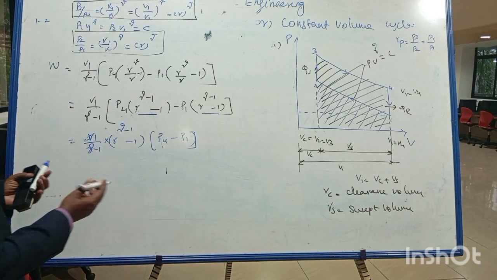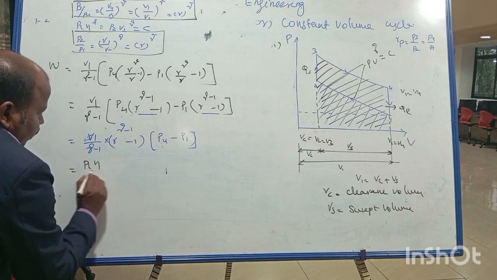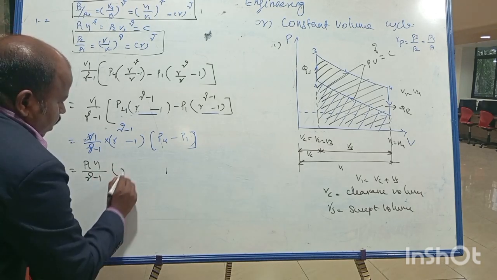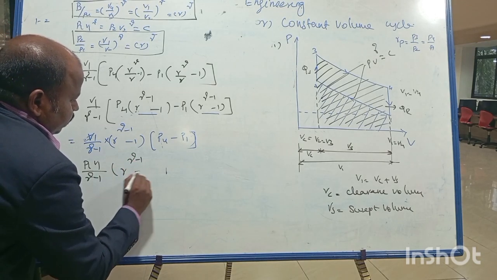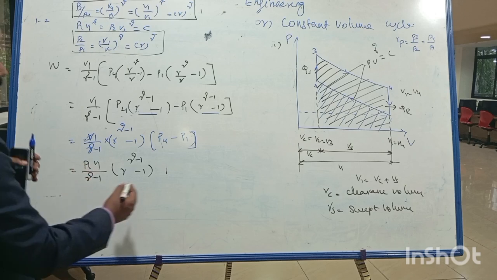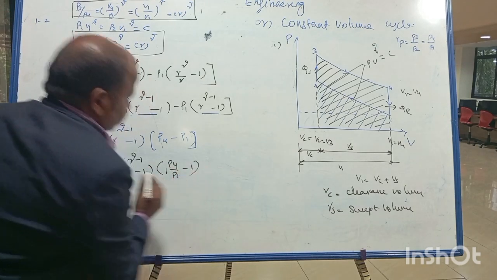Now I am going to take P1 as common again. So V1 divided by gamma minus 1 into R power gamma minus 1. Now already I have taken P1 as common, so now this P4 divided by P1 minus 1.